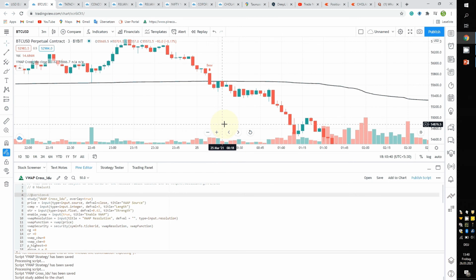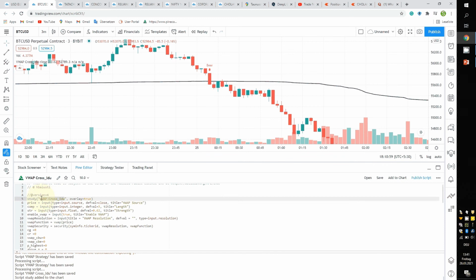In that case you won't see the signals next to your candles, but somewhere downstairs it has its own area where it plots a signal or line or something like this. But yes, you can name your indicator. So I name it VWAP cross, and overlay I put to true.